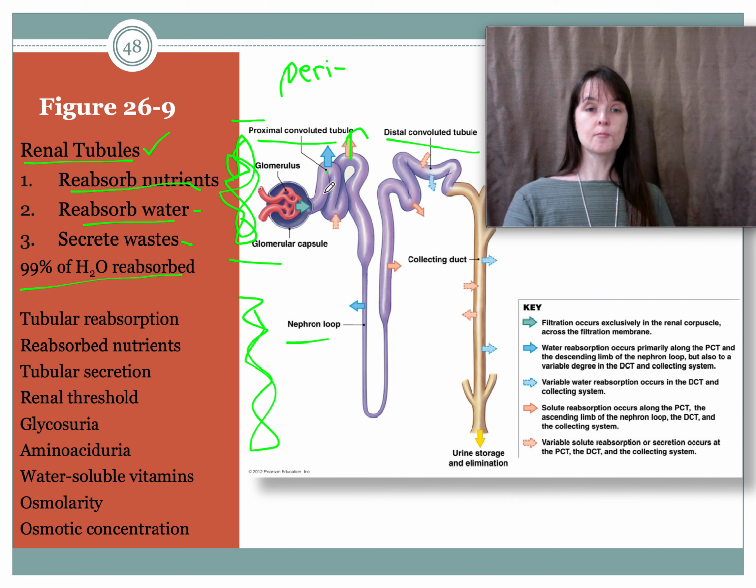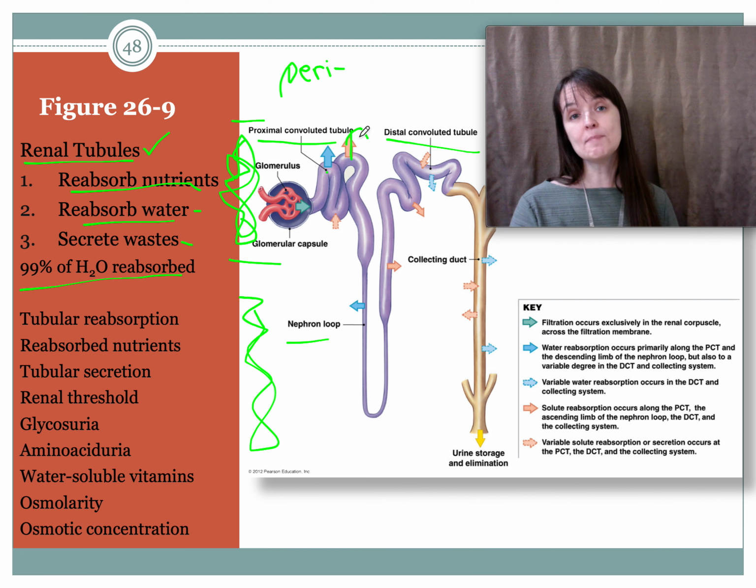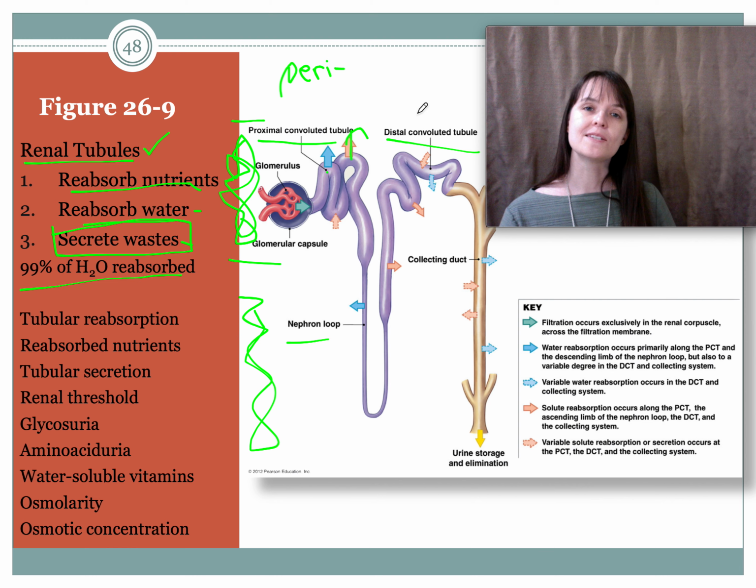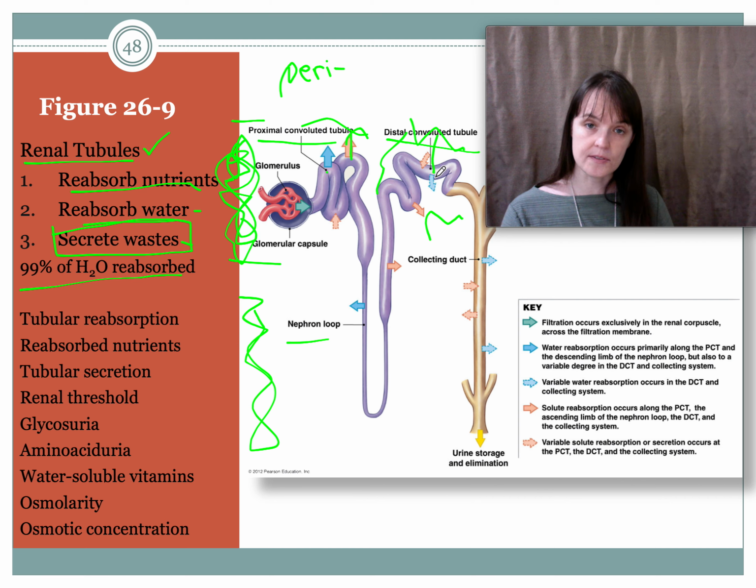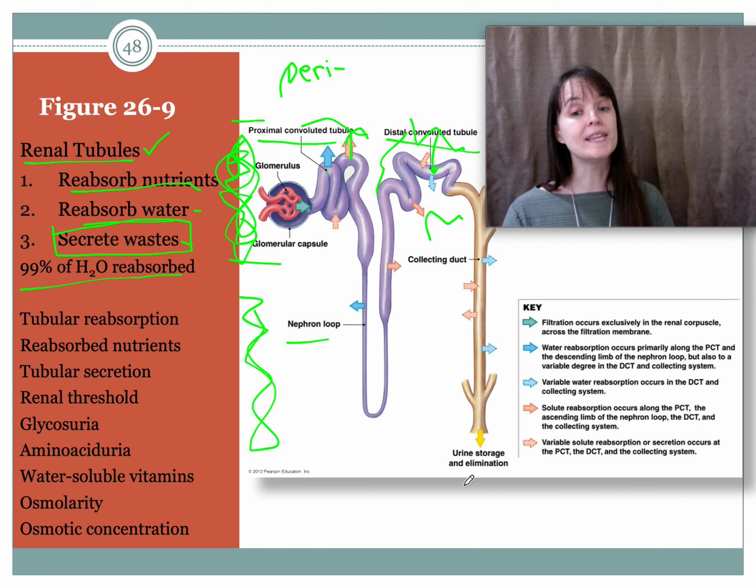So when we say reabsorb, we mean taking back into the body, which means they're not going to get peed out. And when we say secrete waste, that's going the other direction. There are wastes in the bloodstream, in the peritubular capillaries around the tubules, and the cells are going to take them and enter them into the tubular fluid in the renal tubule so that they get peed out.